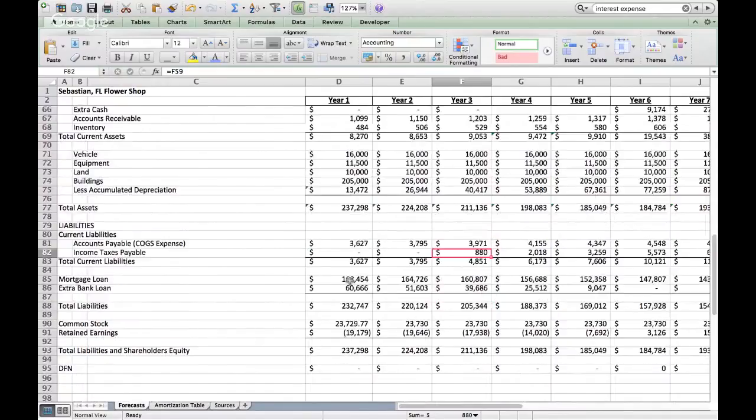So then with our mortgage loan, it refers to our amortization table where it has all of our loan information. So we determined the value of our building and land to be $215,000. And we decided that our loan was going to be for 80% of the $215,000.